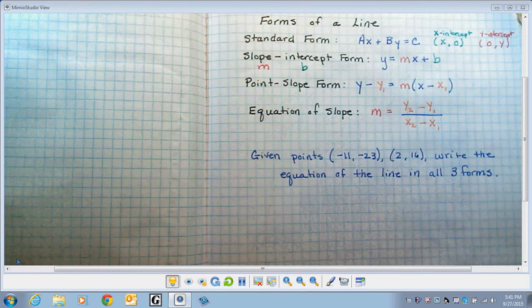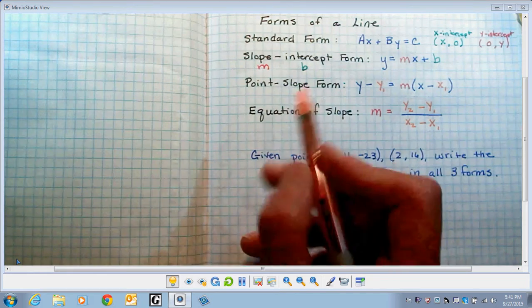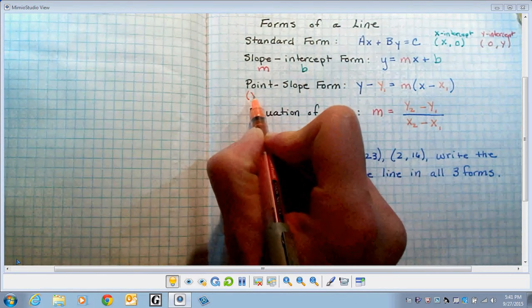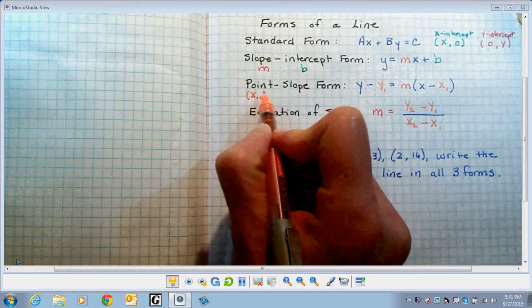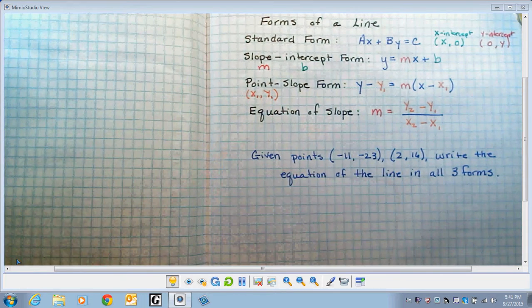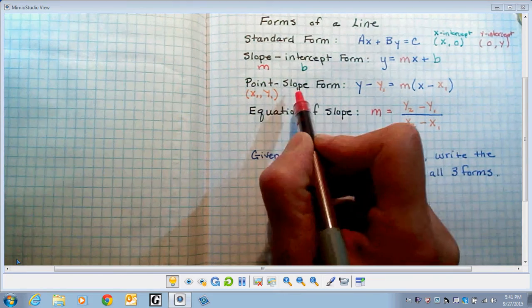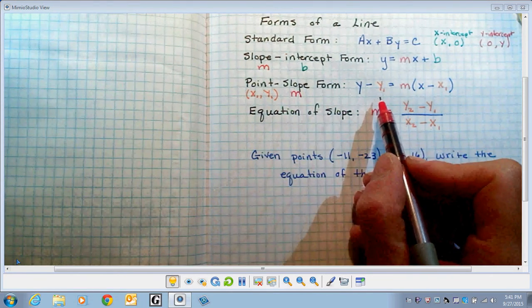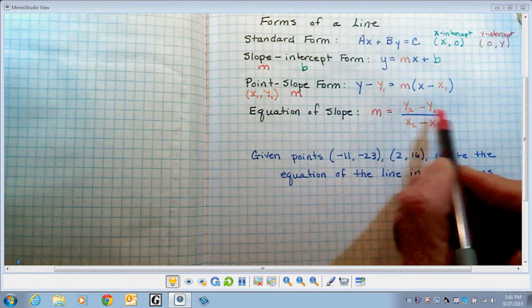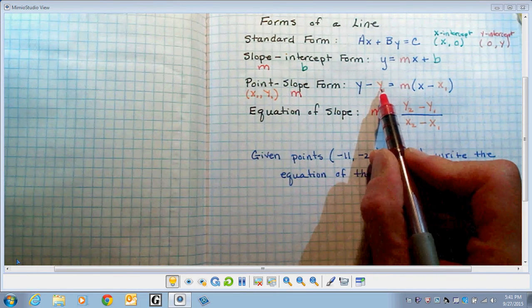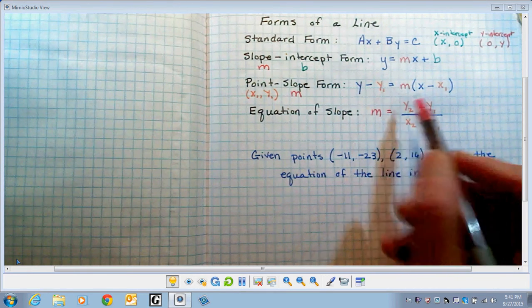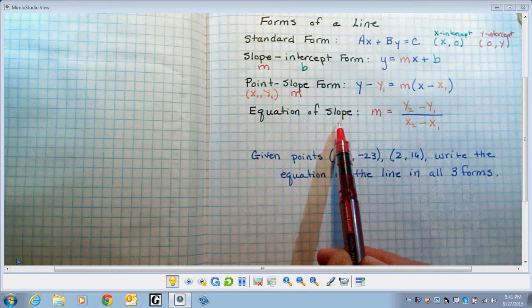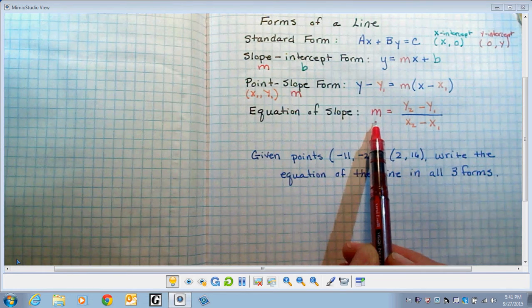Point-slope form. So with point-slope, we have a point, some point, maybe more than one point, but we have at least one point, and we have the slope. So when I'm looking at my formula, my equation, there's my point, there's my x1, y1, and there's my slope. Now, the equation of a slope is not the equation of a line. It's only the slope.